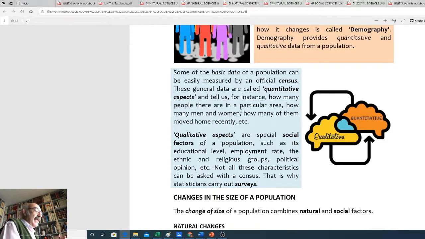A census is a tool that was invented a long time ago, especially by the Romans. When the Romans wanted to raise taxes among the people, they were forced to make a list of the people that live there, so that they could know about the things that they had. And according to these things, they could raise more or less taxes. So, this is a census.